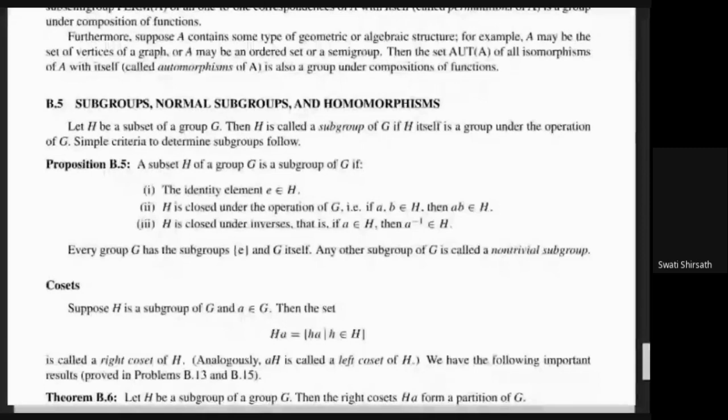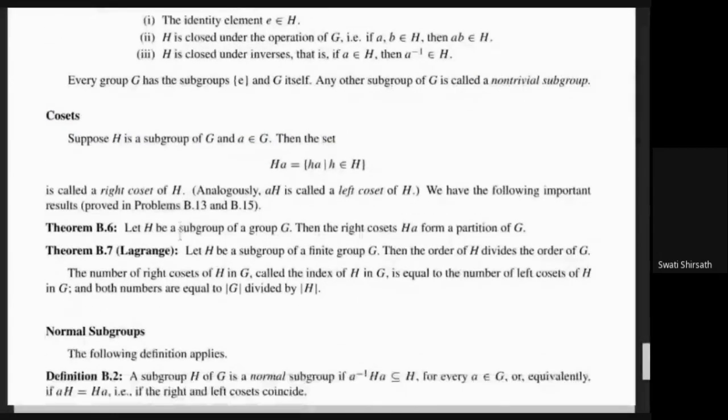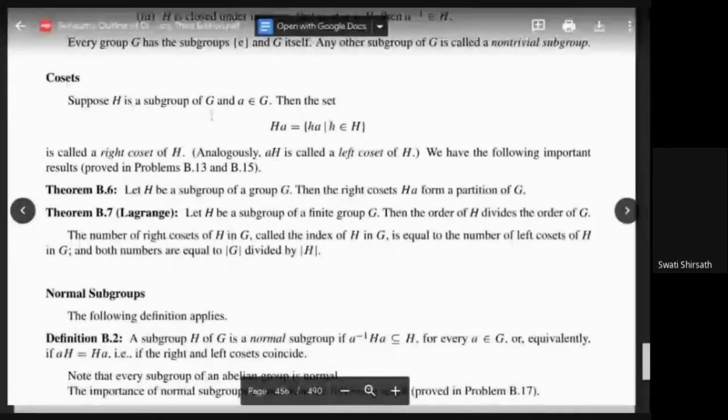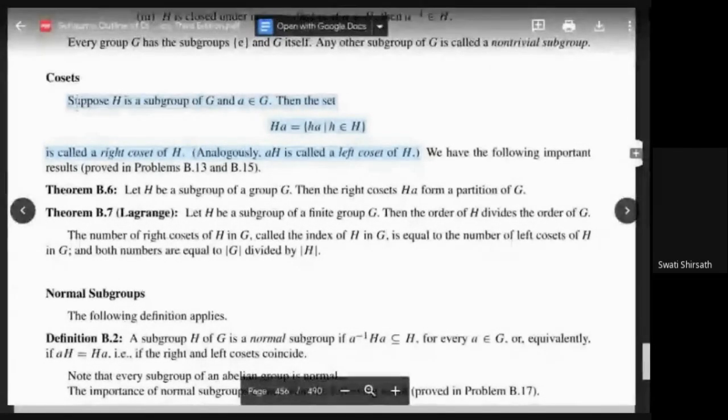Okay? Then write down cosets. Can you see this? Cosets? Yes. Please write down and I'll explain, up to left coset. I'll read out the definition.